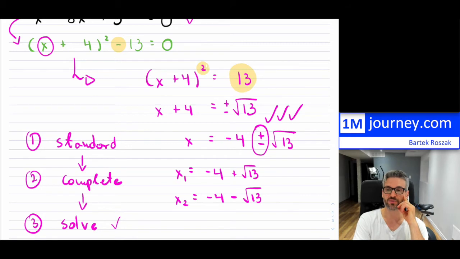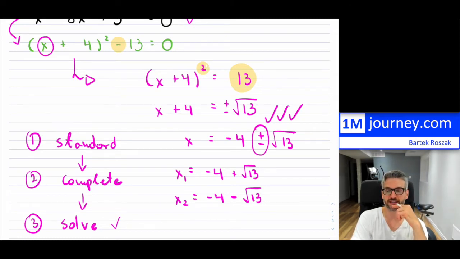But let's imagine it was positive 13, and then when we brought it over, it would have been negative 13. Notice, if we took the square root of a negative number, there is at least no real answer for us, which basically tells us that that equation doesn't actually have a solution, which is pretty useful. And you'll see that in one of the examples that I'll show you.